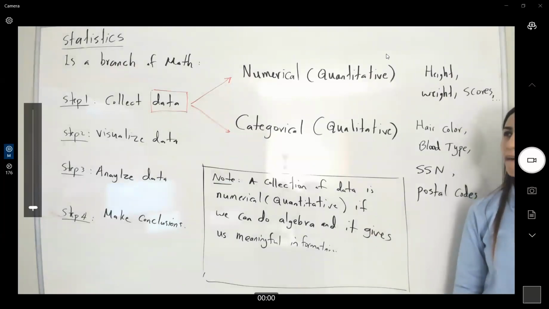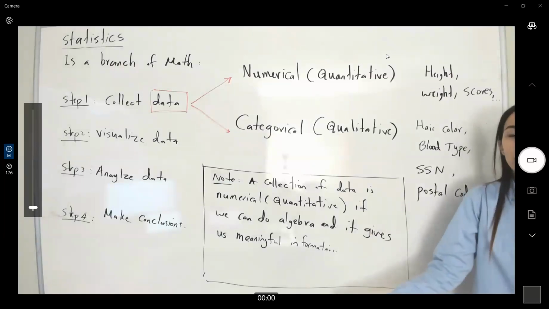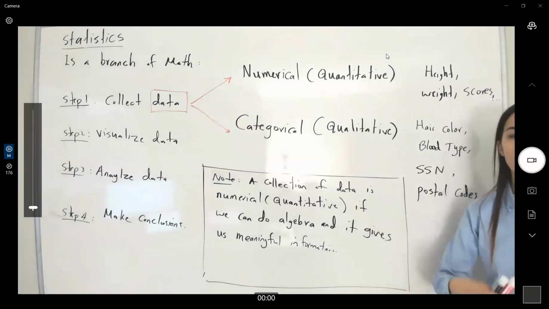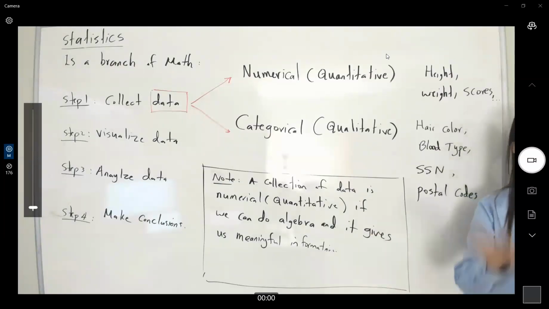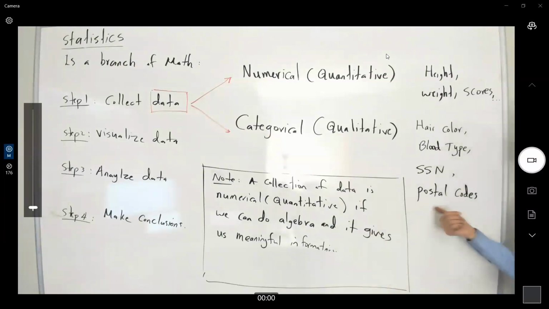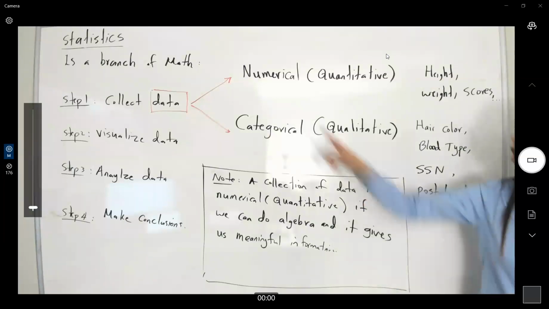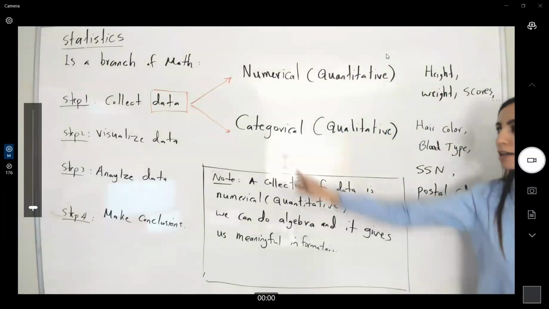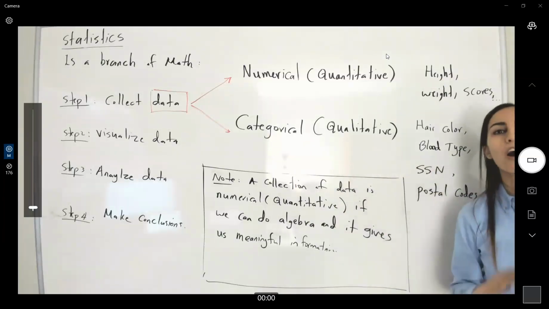What's the meaning of the average of postal codes? It's not meaningful at all. So even though you can do algebra, the result is not meaningful. So social security numbers and postal codes are not numerical. They are categorical or qualitative.